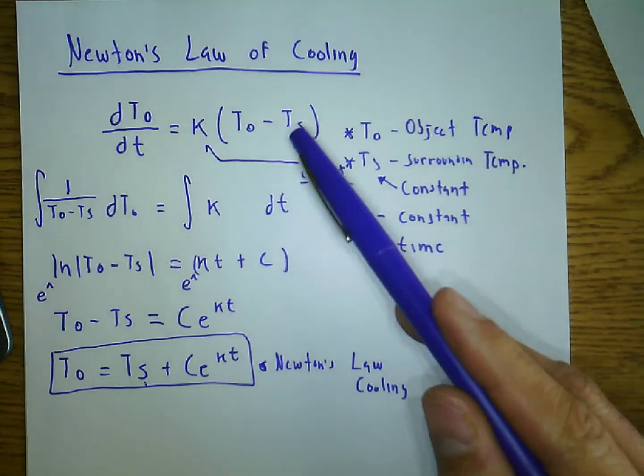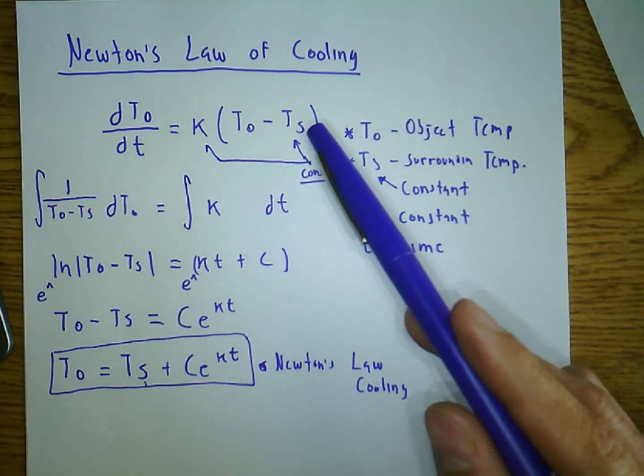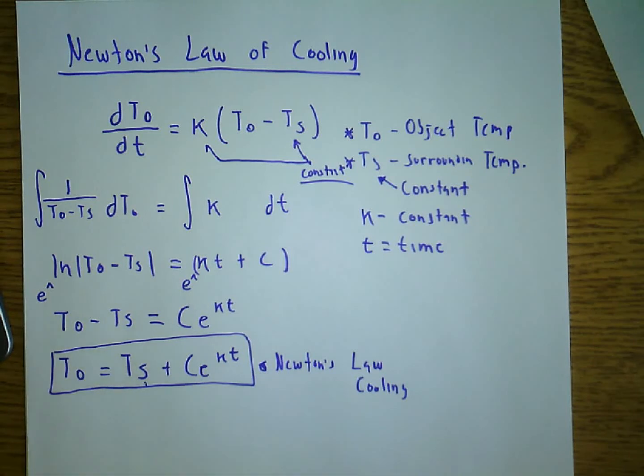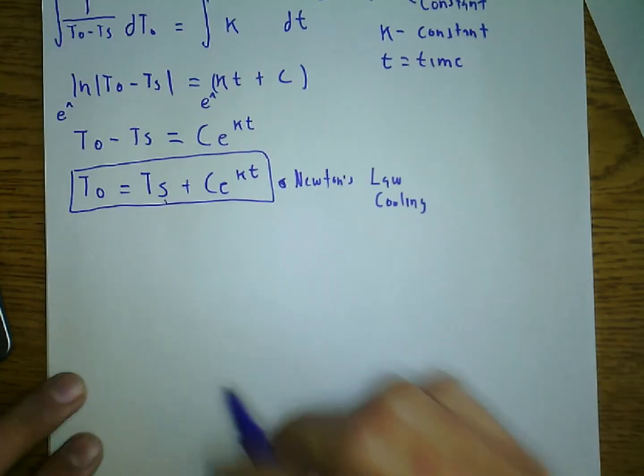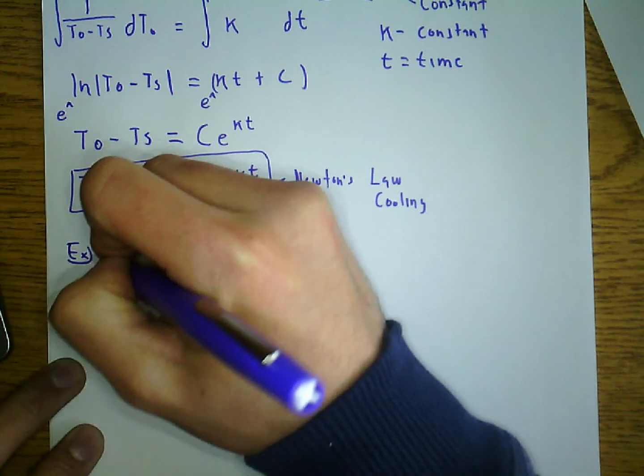Okay? So then let's practice a problem. If I'm telling you that an object follows Newton's law of cooling, so an example would be: an object, whatever this object is, it doesn't matter, follows Newton's law of cooling.